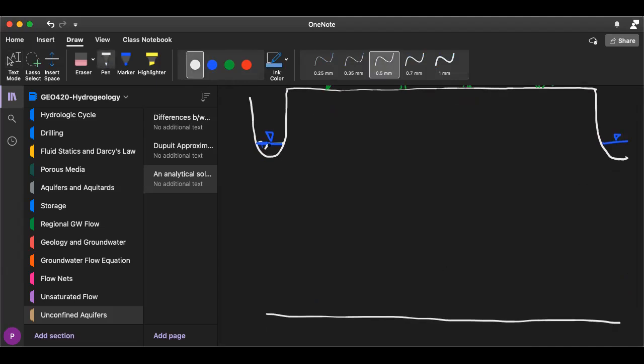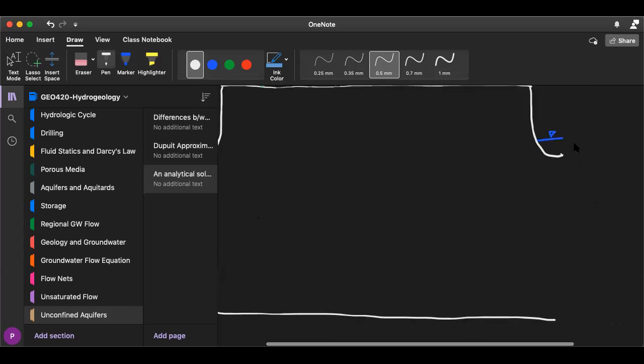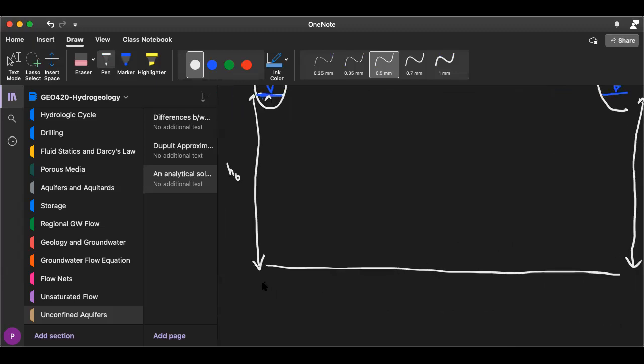And this river's height here is H naught. And this river's height is H sub L. And this is the X direction here. And the total distance out here is L.